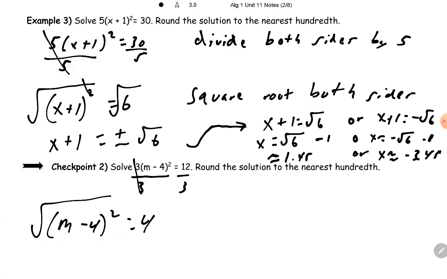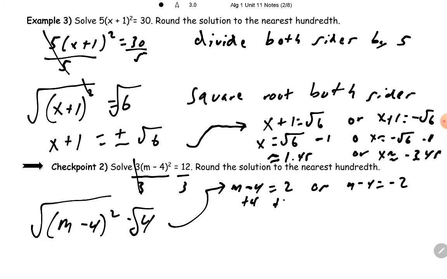Take the square root of both sides, and we'll get m minus 4 equals 2, or m minus 4 equals negative 2. So when I add 4 to both sides in both equations, I'll get m equals 6, or m equals positive 2.